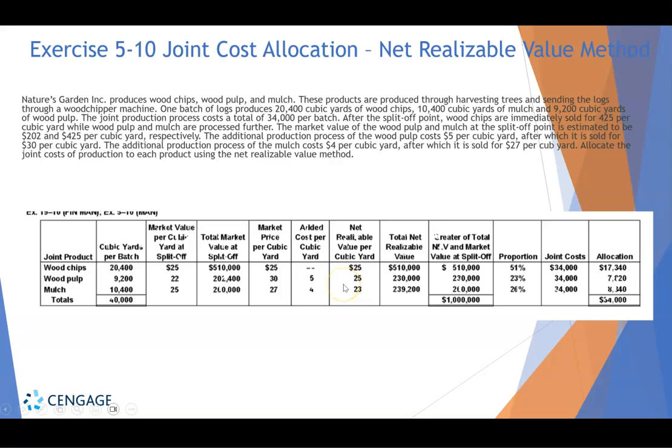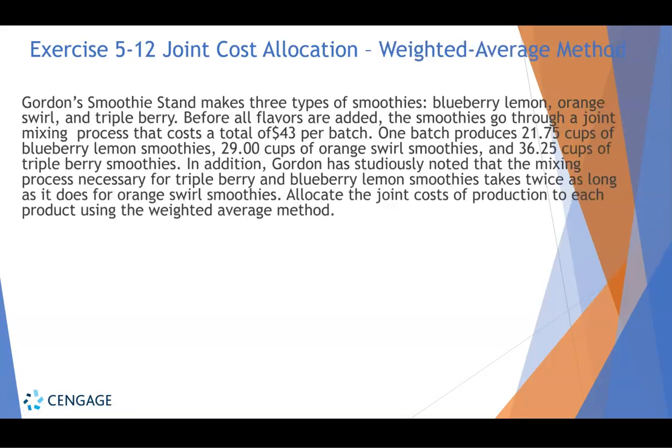We take that times the cubic batches to give us our total: 510 for wood chips, 230,000 for wood pulp, and 260,000 for mulch. We come up with our percentages and allocate the joint costs based on those percentages.